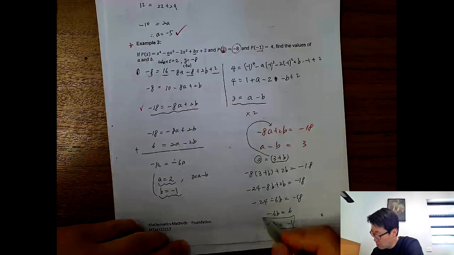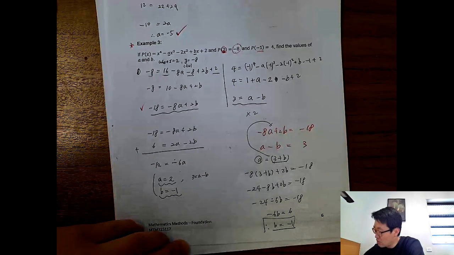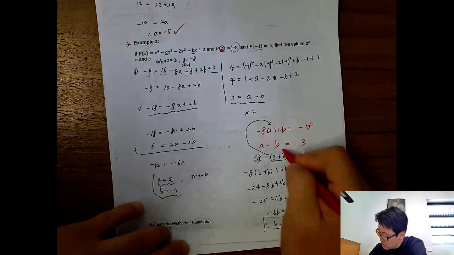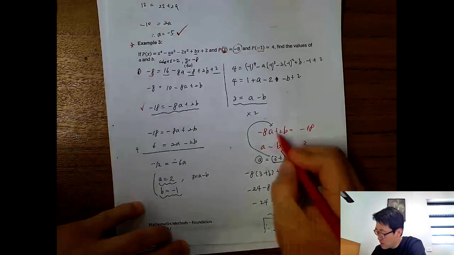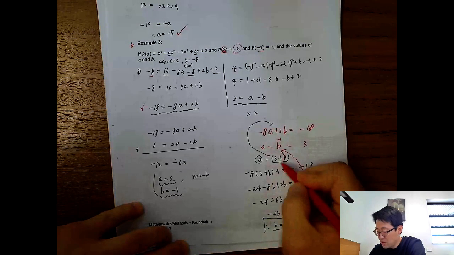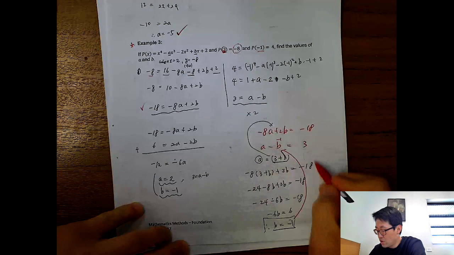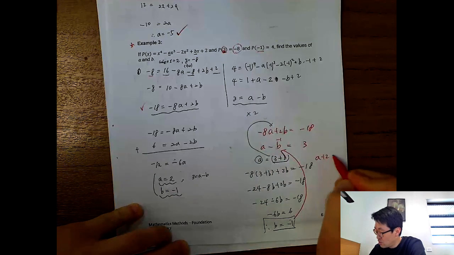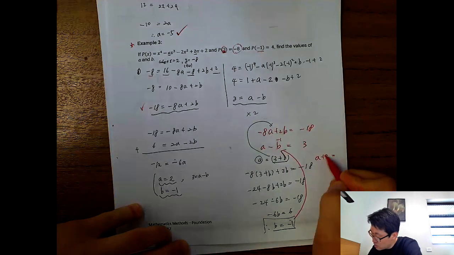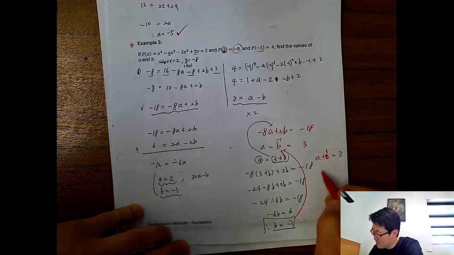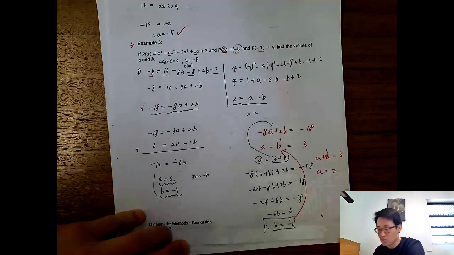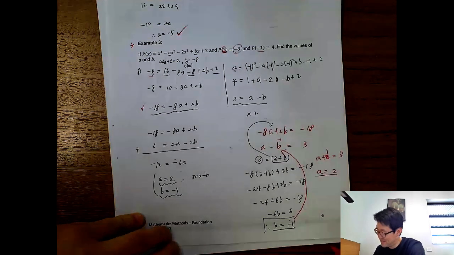Okay, and you got b. What do you need to do? I need to plug back into that equation. When b is minus 1, minus minus plus, so 2 plus a plus 2, oh no, 1 equals 3, a equals 2. Sorry, I knew a equals 2.